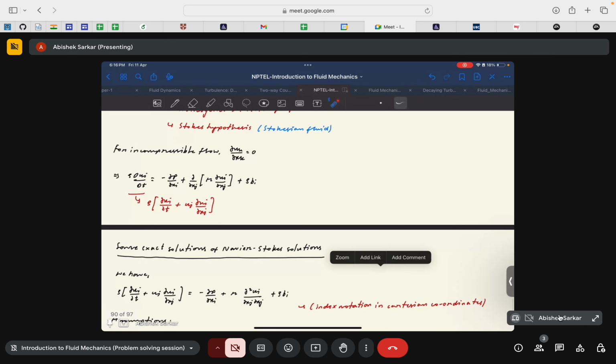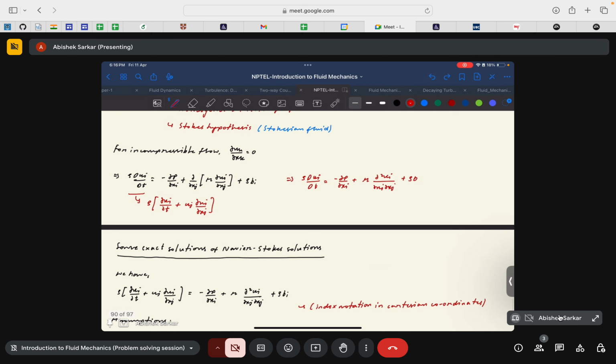And if you consider this mu to be constant, then you can write this simply as rho ∂ui/∂t is equal to minus ∂p/∂xi plus mu times ∂²ui/∂xj², or you can write this as ∂xj square as well, it's your choice, plus rho bi.